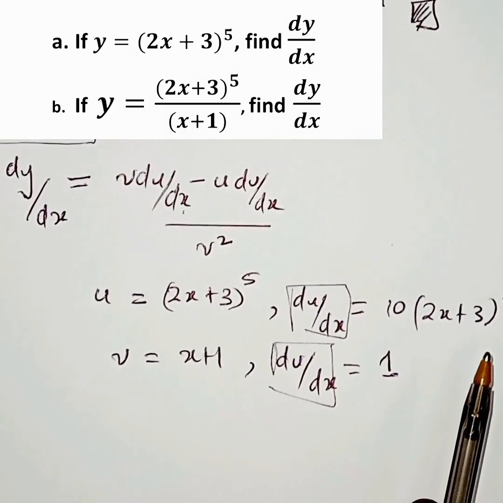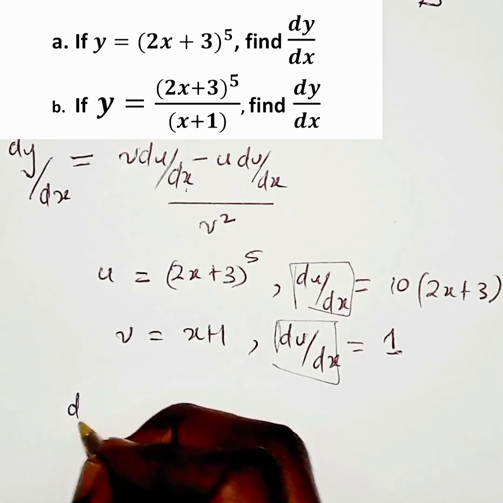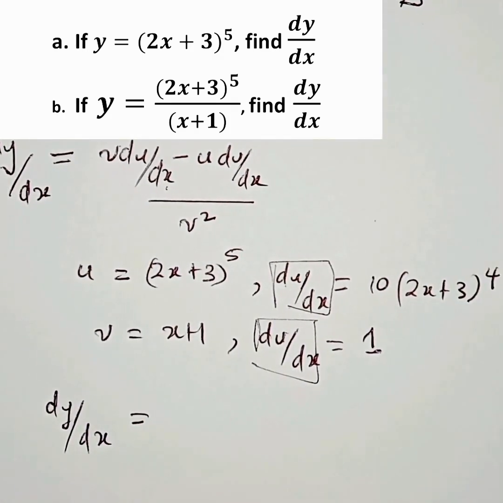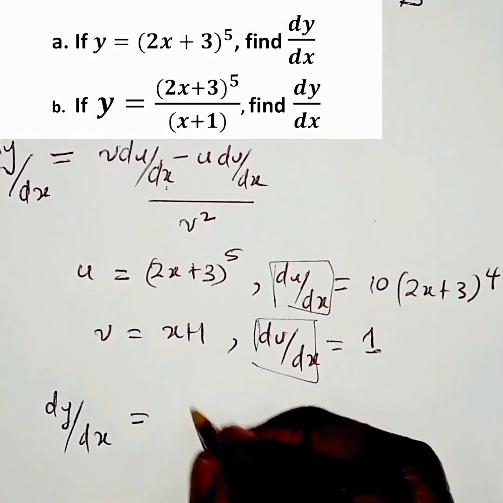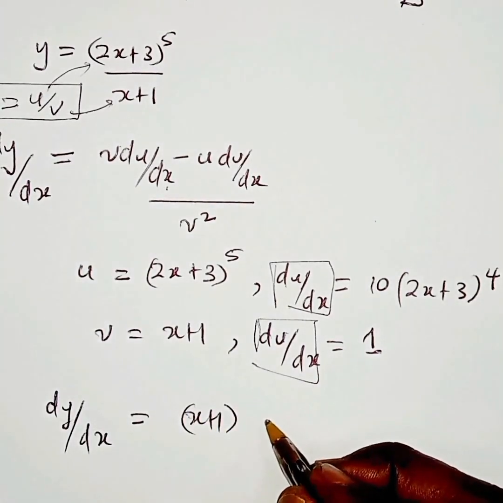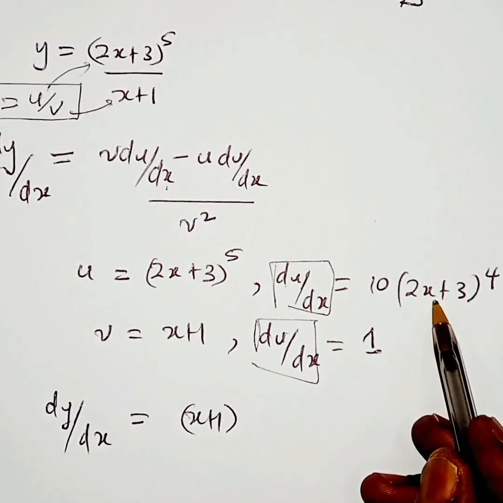Now we are going to say dy/dx is equal to v. You remember v is x plus 1. So we've got x plus 1, then that is multiplying du/dx. du/dx is this part here.